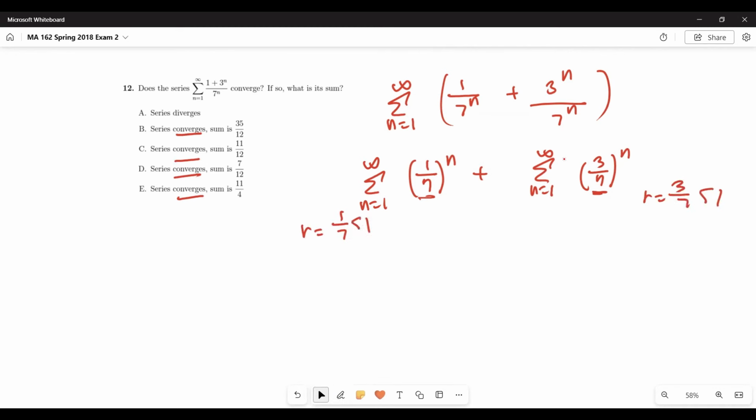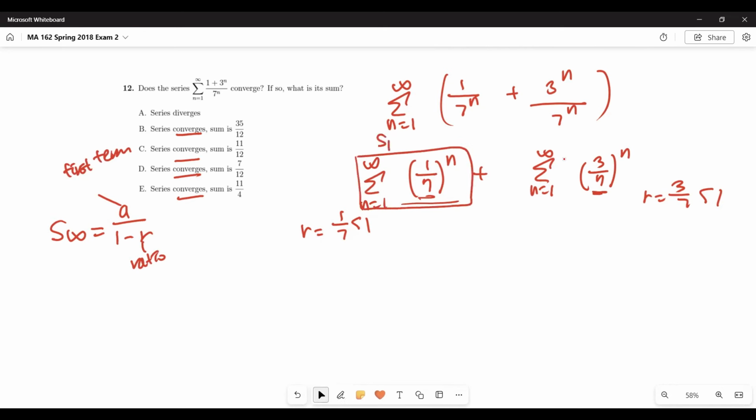Okay, so let's remember our infinite series equation. S infinity is a over (1 minus r). A is our first term. R is our ratio. We're going to name this one S1 and this one S2. So S1 becomes a over (1 minus r), where a is 1 over 7, and r is also 1 over 7.